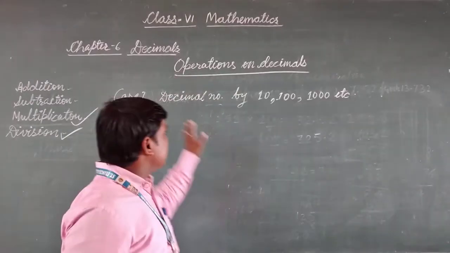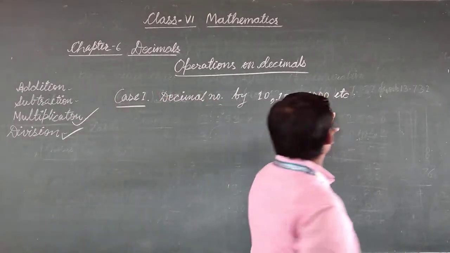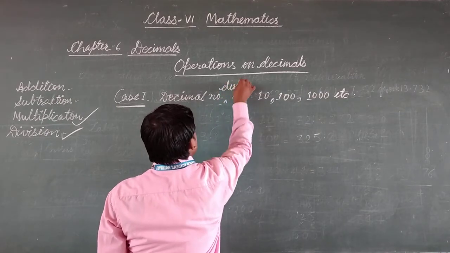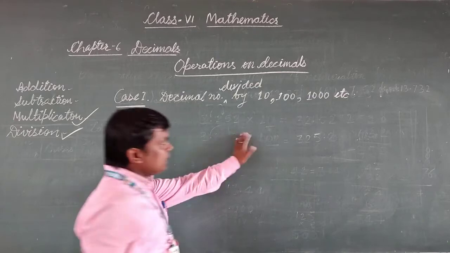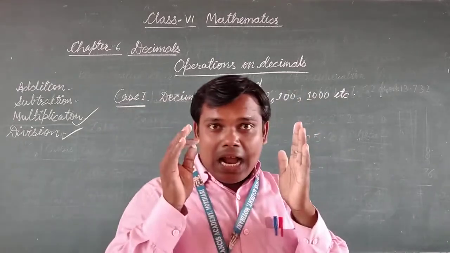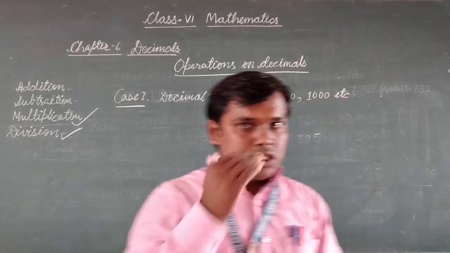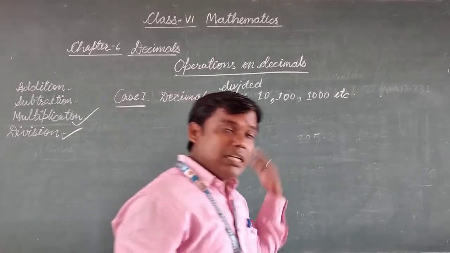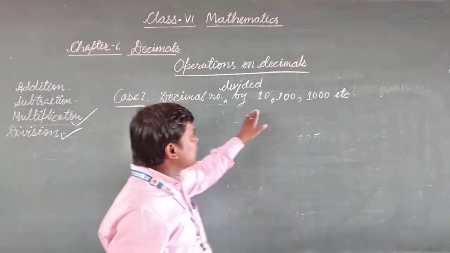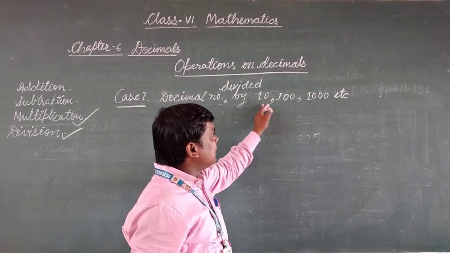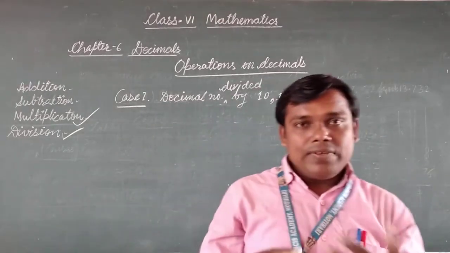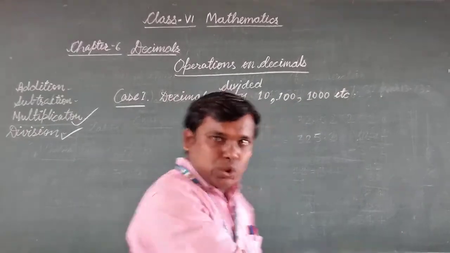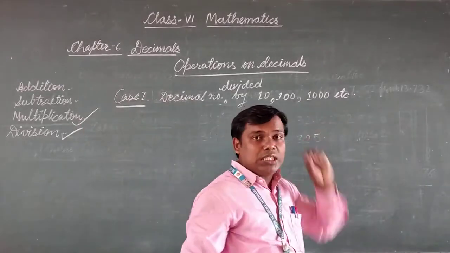If we have a decimal number divided by 10, 100 and 1000 etc., then in this case we have to shift the decimal point to the left in the dividend. If we have to divide a decimal number by these divisors, then we shift the decimal point to the left by counting the number of zeros in the divisor.